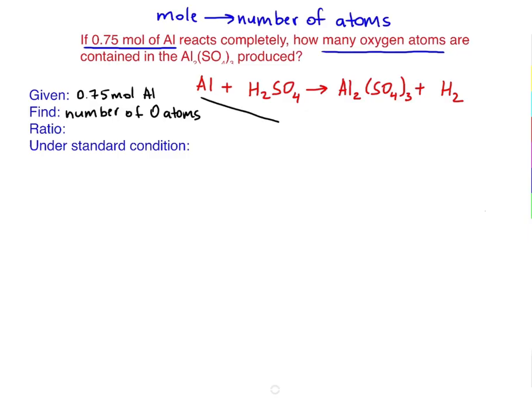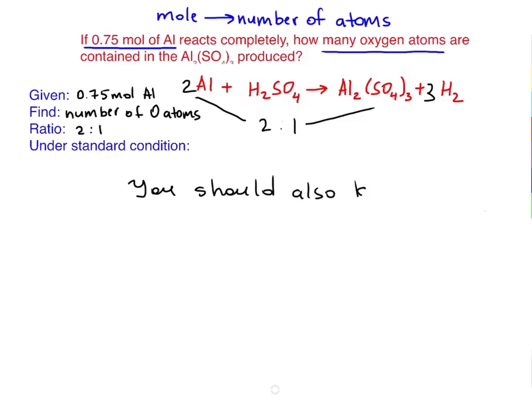Now if we just take the ratio, and this one is very important, again we need to first make sure we balance it. So the ratio of aluminum to aluminum sulfate is 2:1. This is the ratio between two molecules, but remember, we need to solve for the number of oxygen atoms, not the whole molecule.